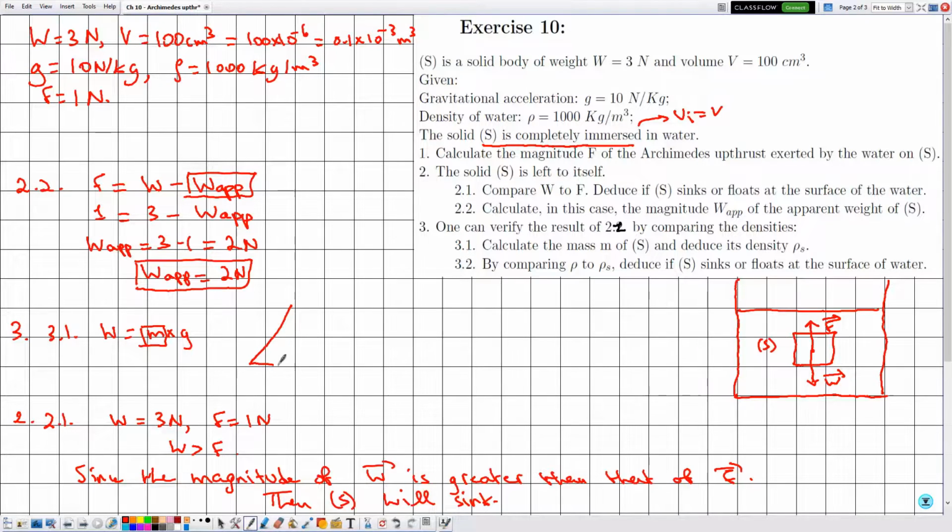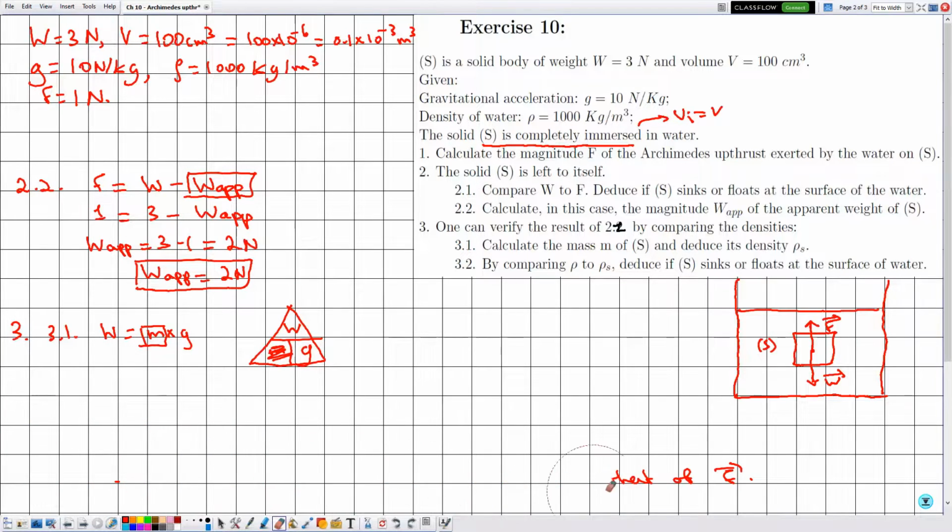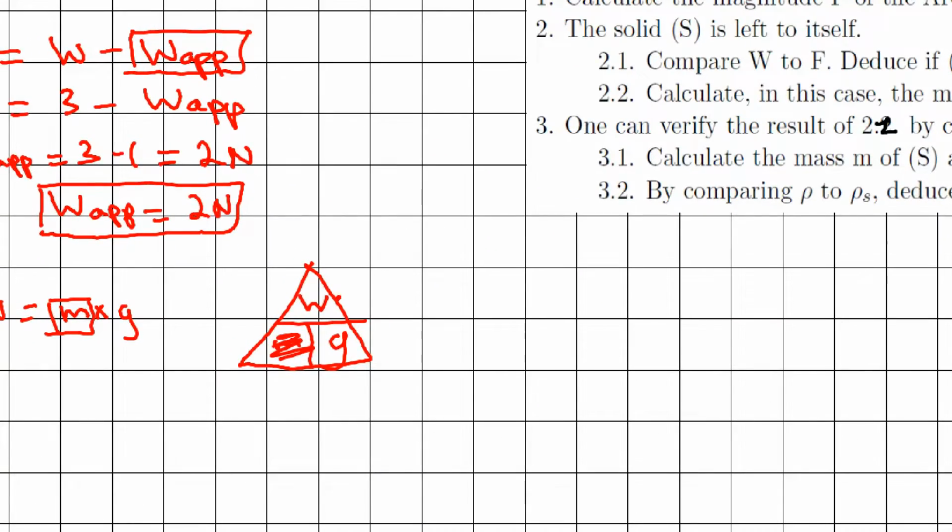So constructing the triangle for this formula, because we have a multiplication, W will be at the top, m and G at the bottom, and we are interested in determining the value of m. Then m is given by W divided by G, referring to the triangle.